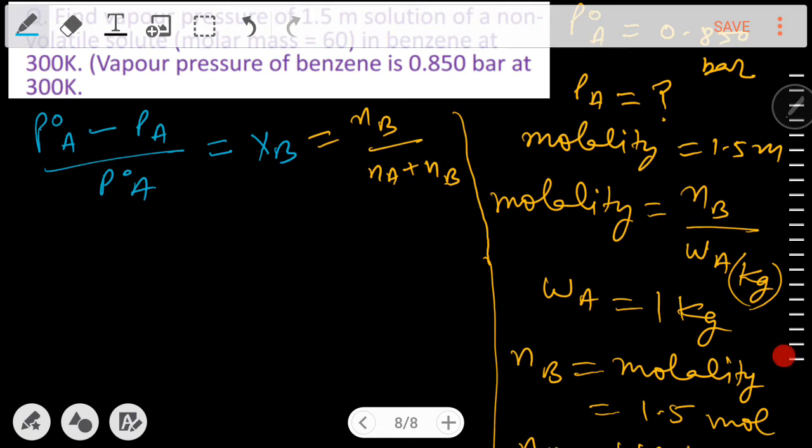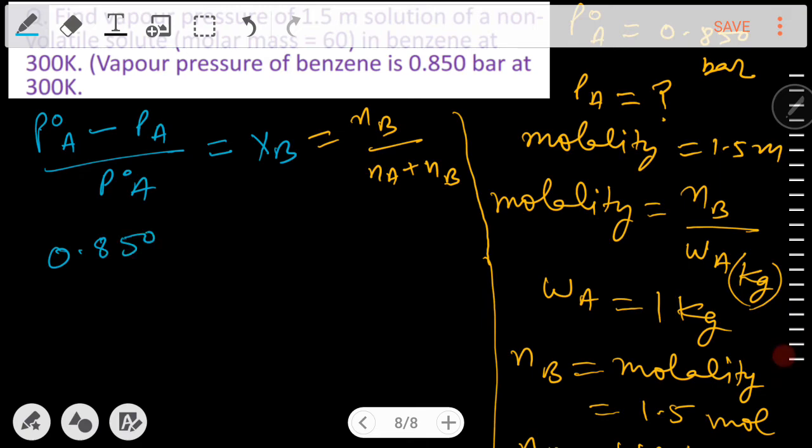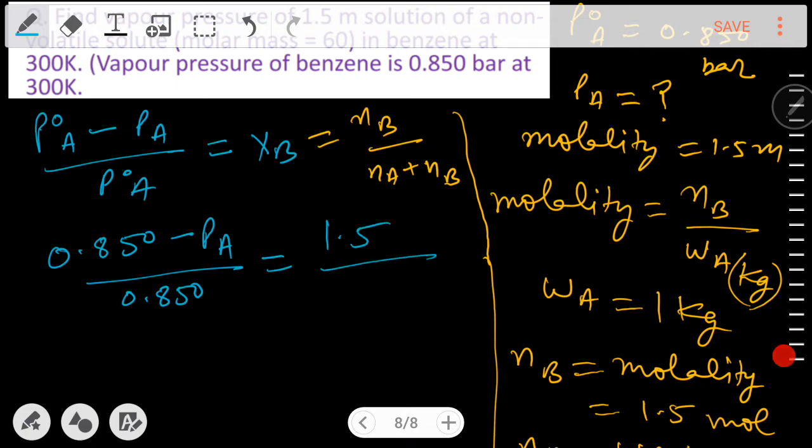P naught A is here provided 0.850. PA you have to determine. P naught A is again 0.850 equals NB, NB is 1.5, NA you have determined 12.82, NB is again 1.5.